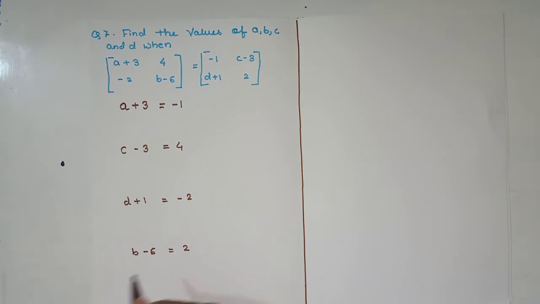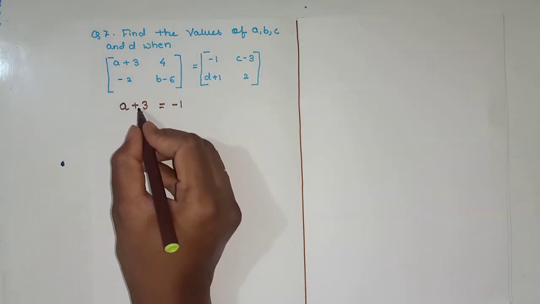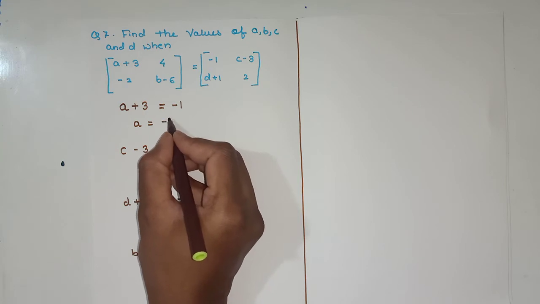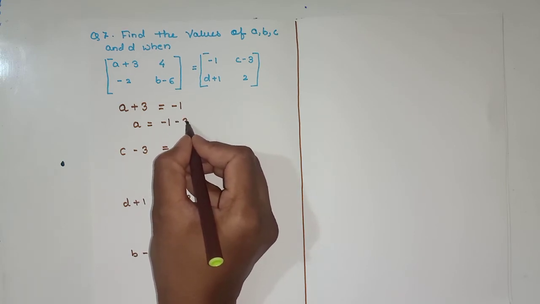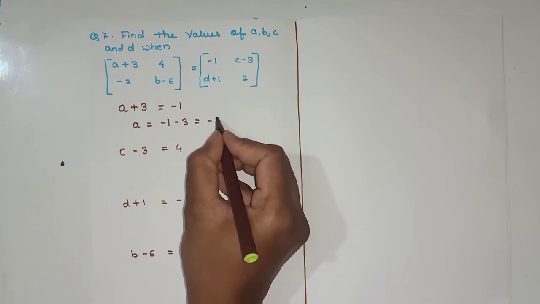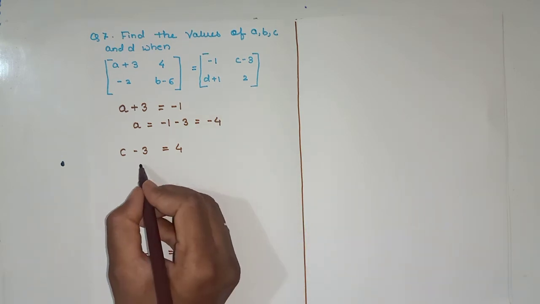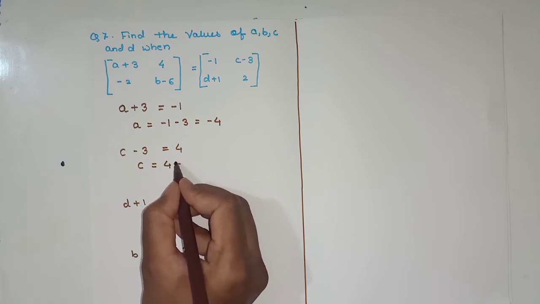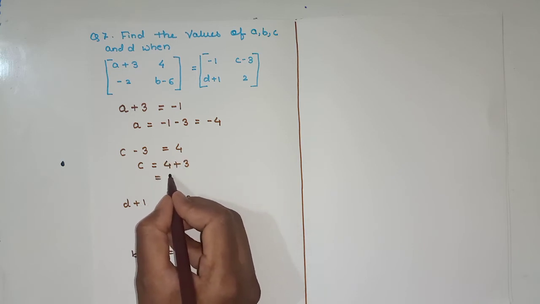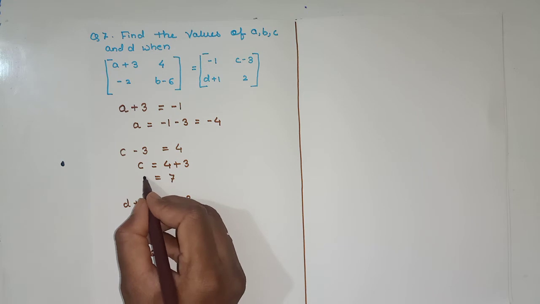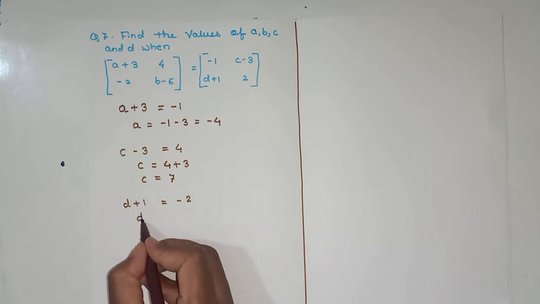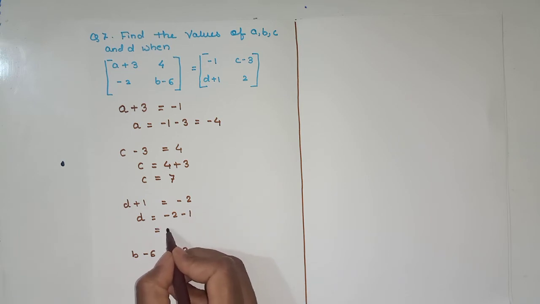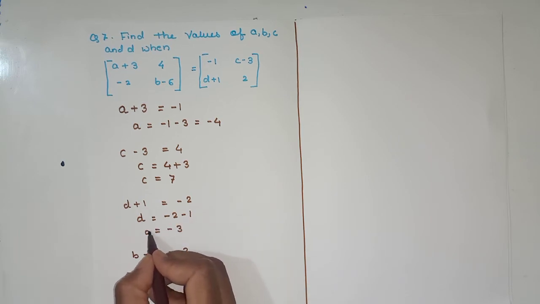Now let's solve it. When plus 3 is shifted to this side, A equals minus 1 minus 3, so A equals minus 4. Here minus 3 shifted becomes plus 3, so C equals 7. Then D equals minus 2, plus 1 shifted becomes minus 1, so minus 3.